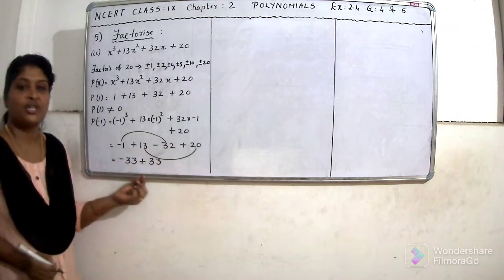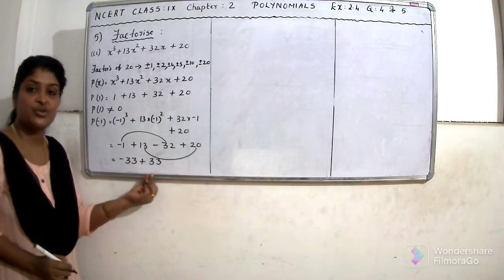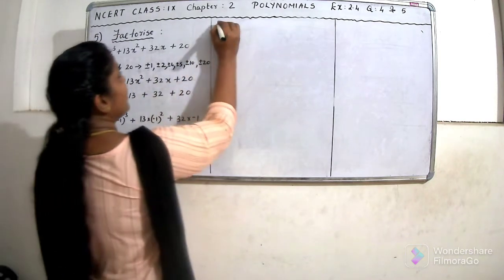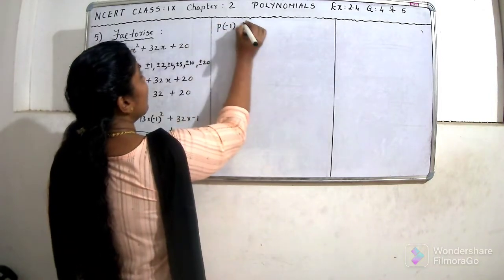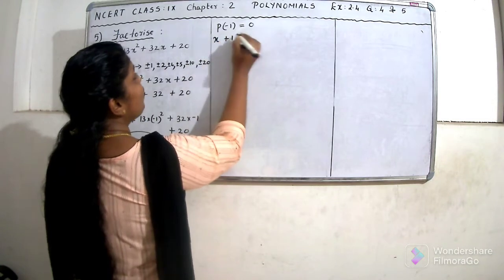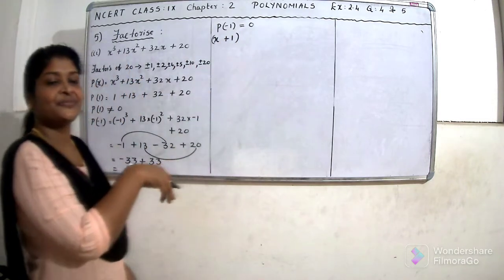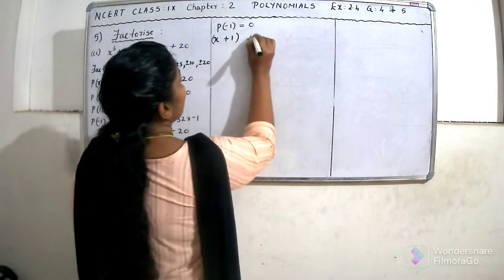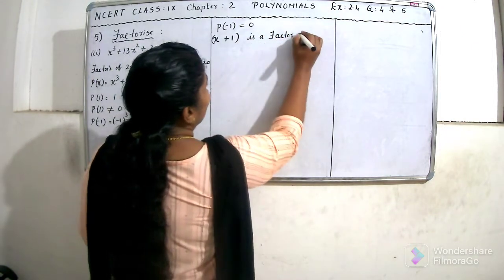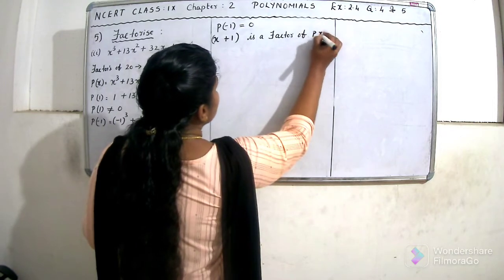Here we got what? 0. Negative 33 and positive 33, answer is 0. So when we substituted, P of negative 1 is equal to 0, that means x plus 1 is a factor of P of x.